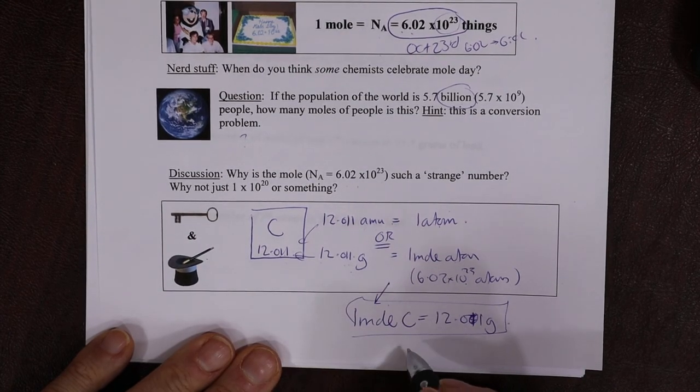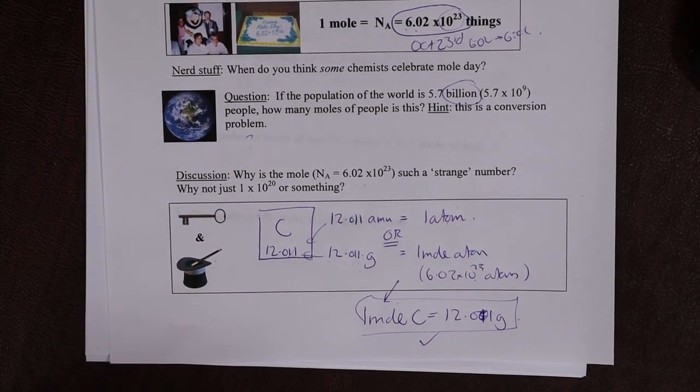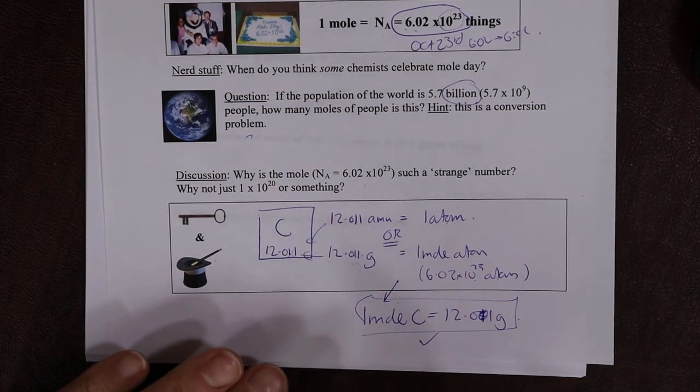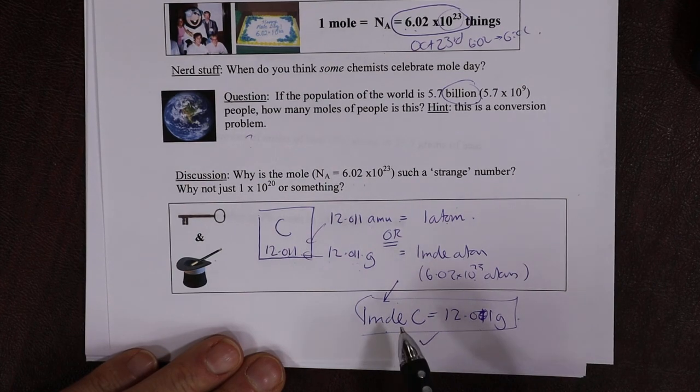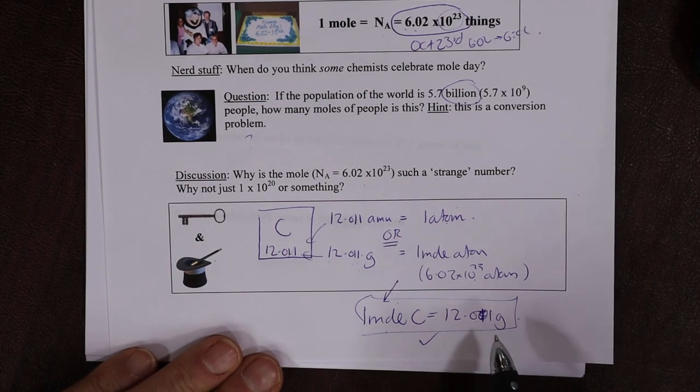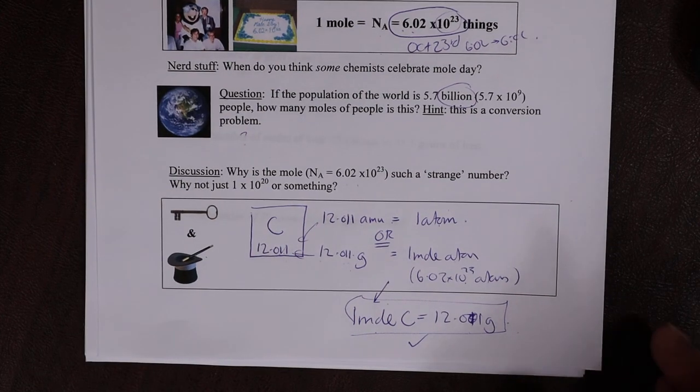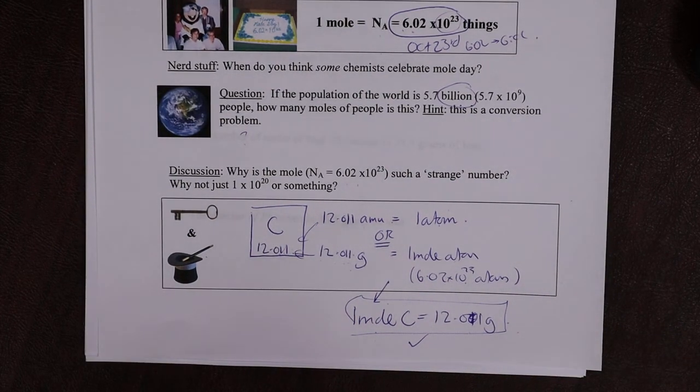So it allows us to make our own conversion factors, which relate how many things, the chemist dozen, weigh a certain amount. 30 pounds of eggs, so many dozen. Chemist dozen, so many grams. This is a new conversion factor which we get straight from the old periodic table. The mass number in grams is a certain number of atoms we call 1 mole. So that's super important.